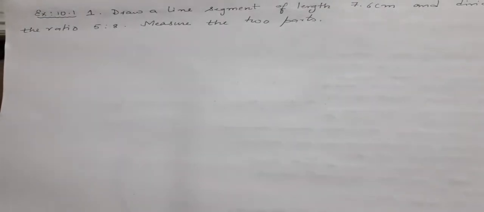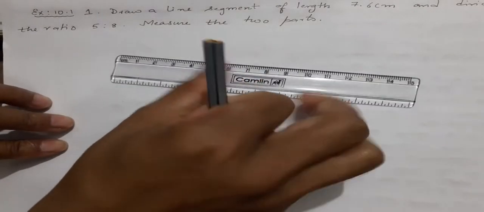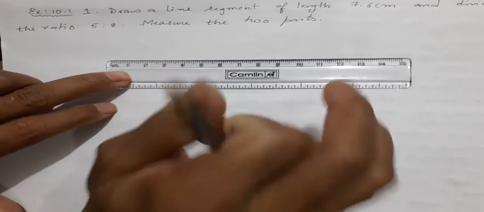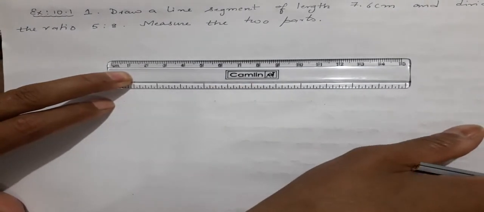Now we will use the instrument box for doing this, like the construction example of the earlier class 10 point. Here the length of the line will not be arbitrary but 7.6, because it is given in our question.